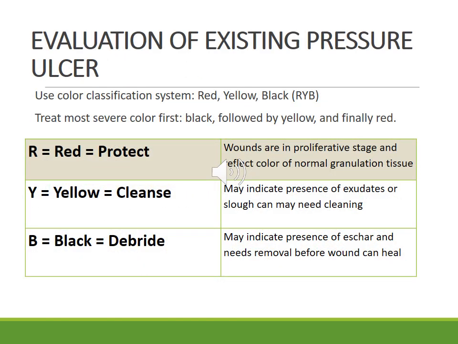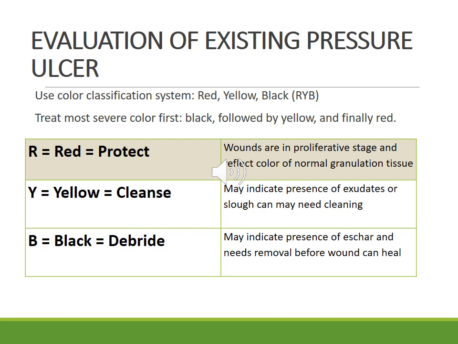This slide is in here, evaluation of existing pressure ulcers. If a patient comes into a facility, they already have a pressure ulcer, you can use a color classification system of red, yellow, and black to evaluate that existing pressure ulcer. Red means we need to protect it. So the wounds are in the proliferative stage and reflect a color of normal granulation tissue.